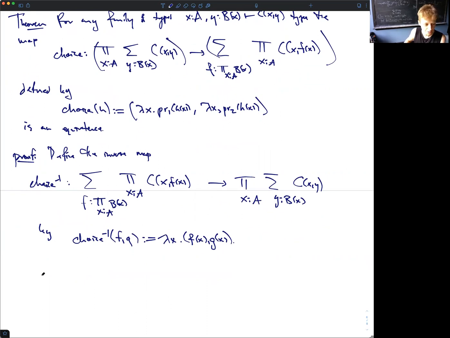Okay, so the first homotopy. To show that these maps are inverse equivalences, we're going to construct two homotopies. For the first homotopy, it suffices to give an identification.